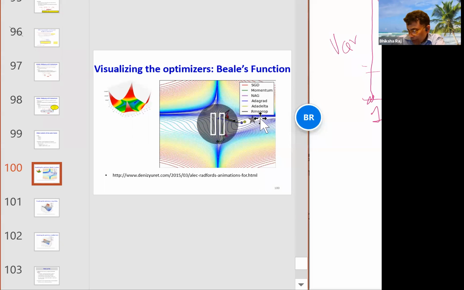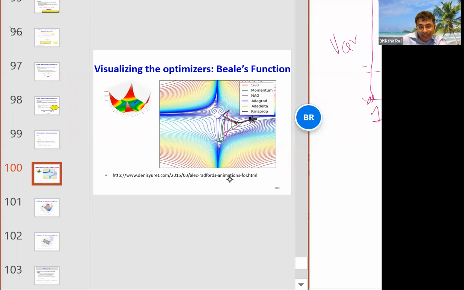The optimum is out here, and you can see SGD, which is this red curve over here, generally takes its time getting there. And all of the other techniques, which are considering these first and second moments, generally tend to get there very fast.